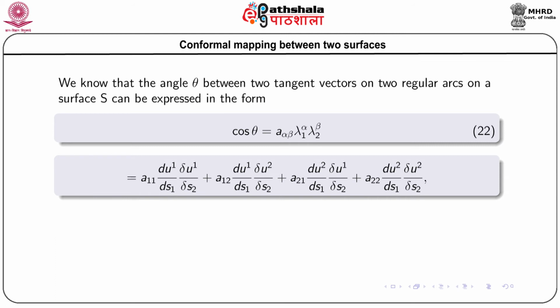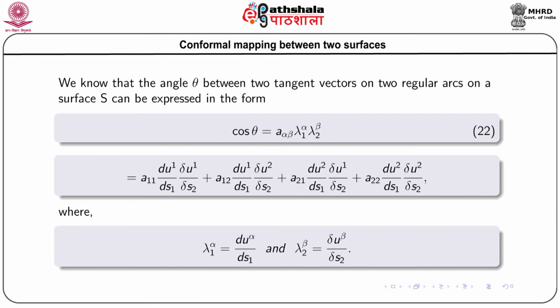For the second surface, we have considered S2 as the arc length, and for the first one it is S1 for the first surface. So, the above expression is coming like this, where lambda 1 alpha is du alpha by ds1 and lambda 2 beta has the components del u beta by del s2.